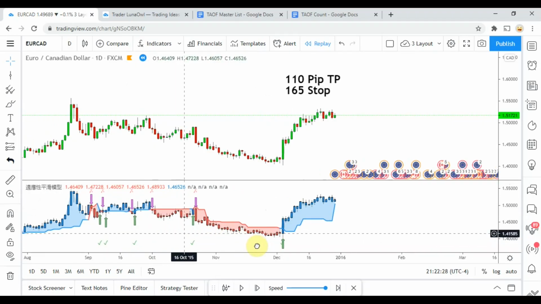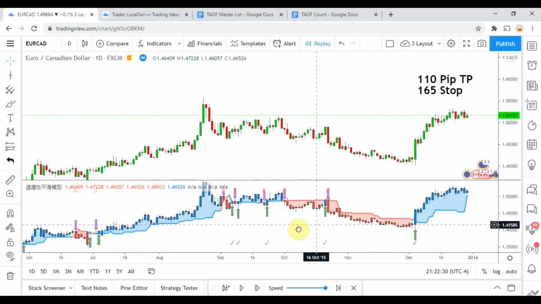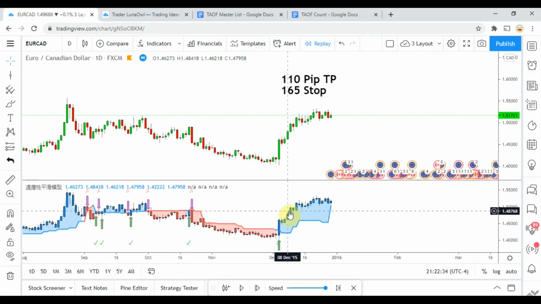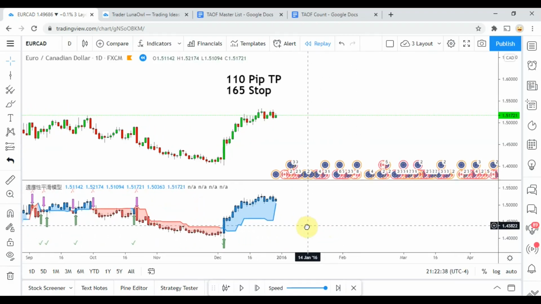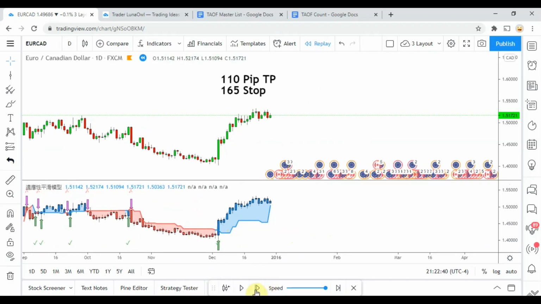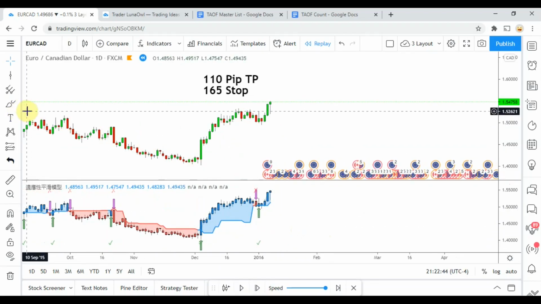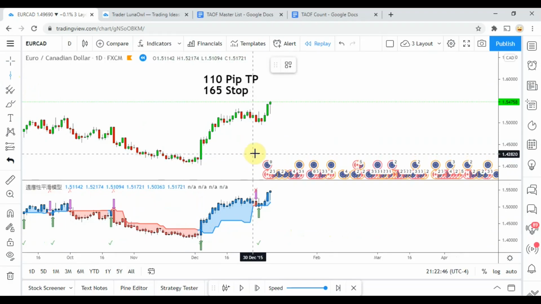Pretty simple kind of setup again that we're looking for here. When we get a purple arrow, we're going to go short. When we get a green arrow, we're going to go long. So let's go ahead and get on with the testing process and see what we can get here. We pick up a, nope, wasn't quite within the year there.